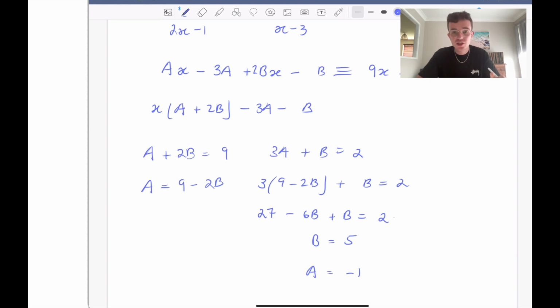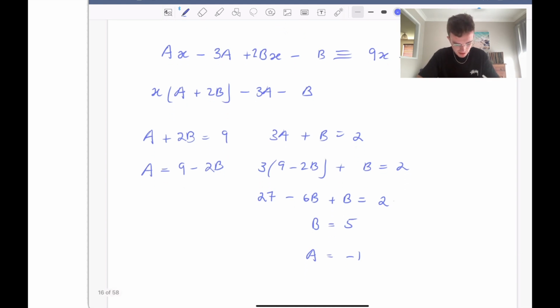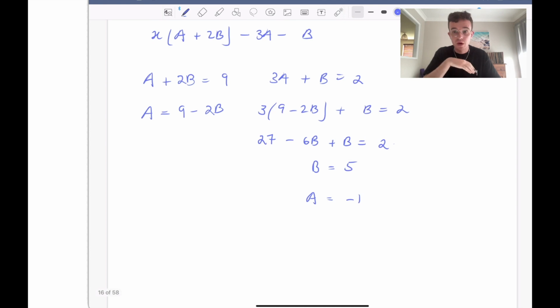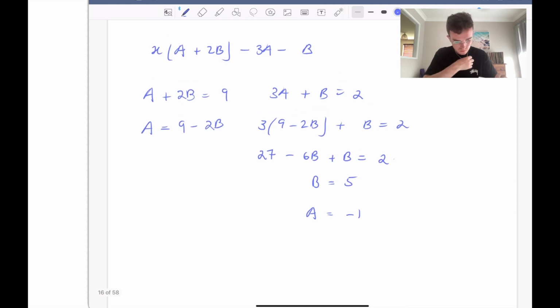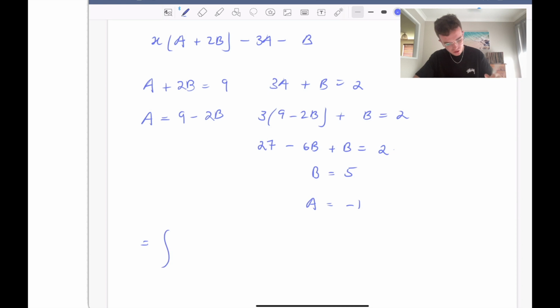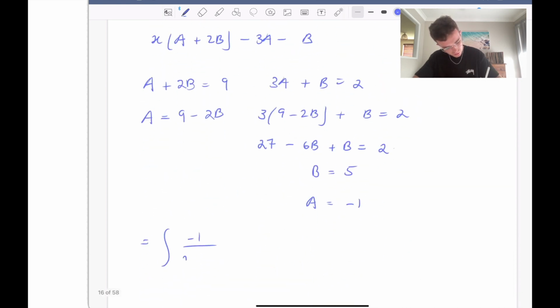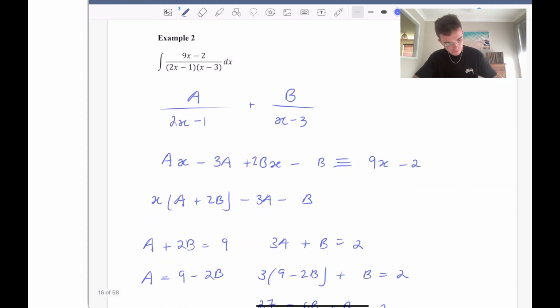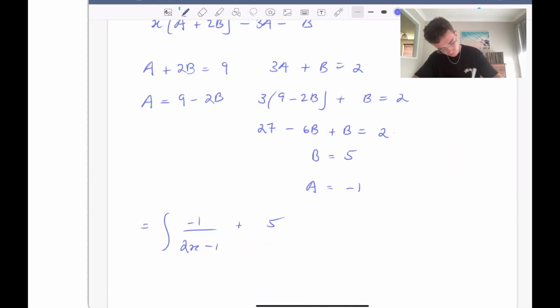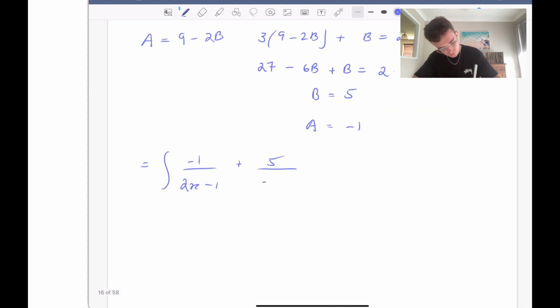It's a good strategy there. Just check that you've done it right. You can see I made a mistake there, and I quickly was able to see where I went wrong, and I fixed it. So therefore, this is equal to the integral. A is minus 1, so minus 1 over 2x minus 1, plus 5 on x minus 3, which is equal to minus ln, or not quite, we want to have 2 on the top, so we're going to put a 2 here and a half here.